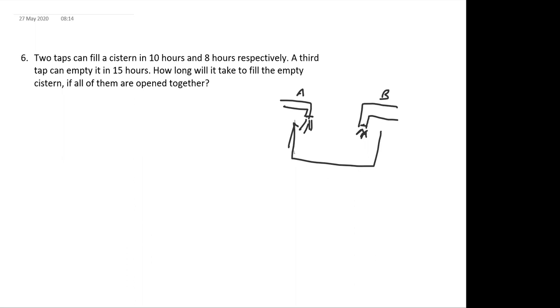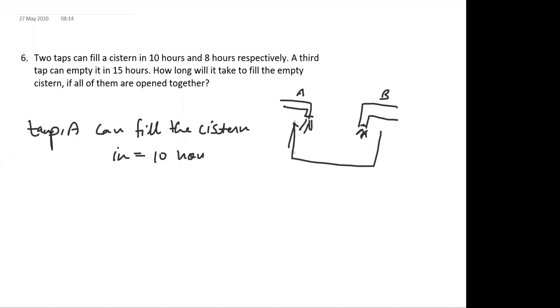So, tap A can fill the cistern in 10 hours.